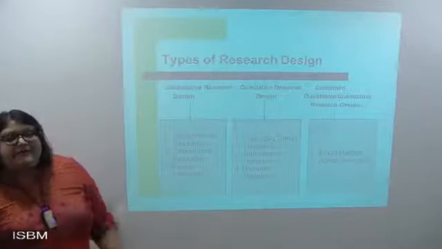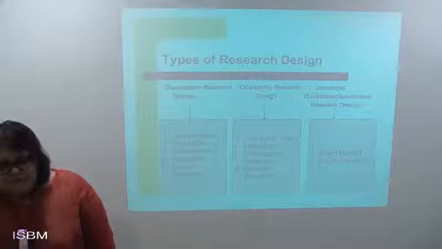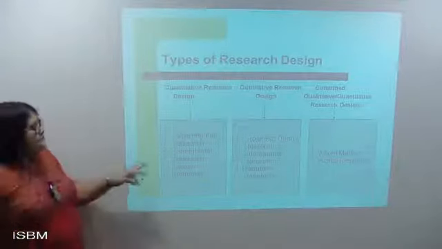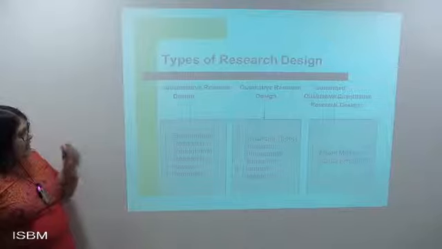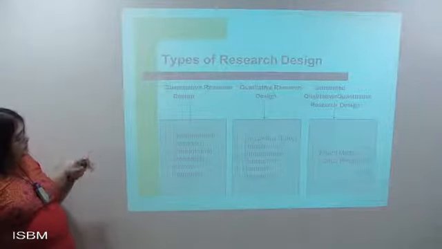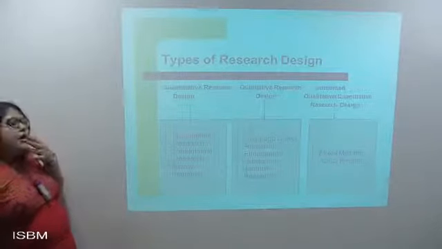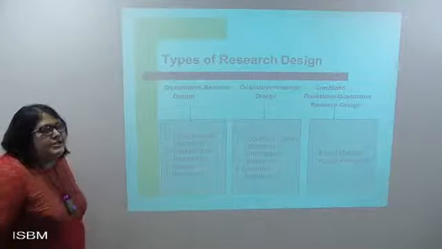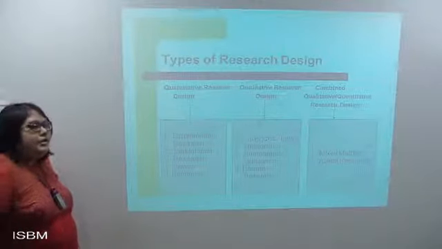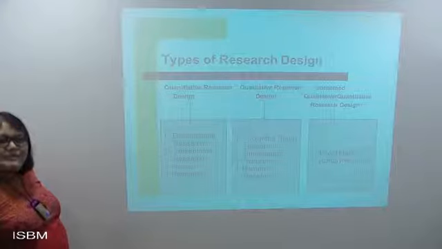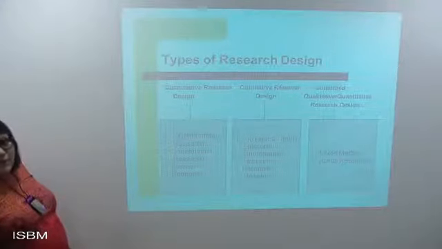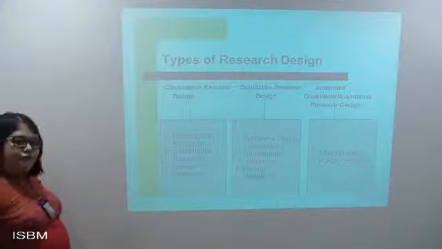Now the negative correlational method would be such in which you are given a particular situation where you are asked to identify why the grades of the children are falling.